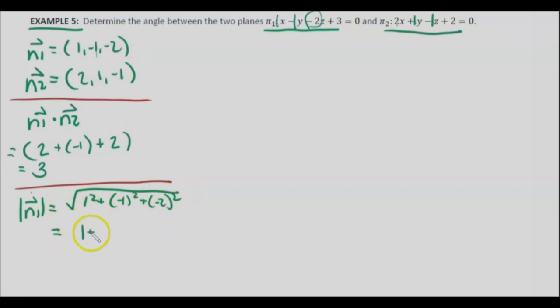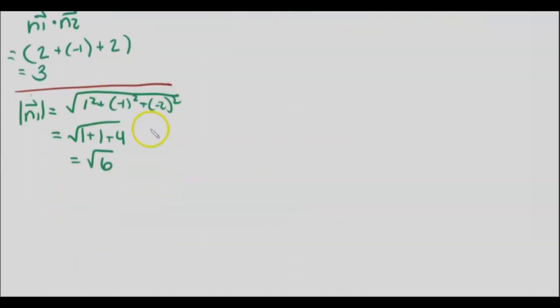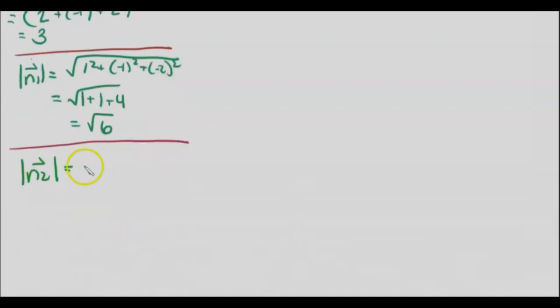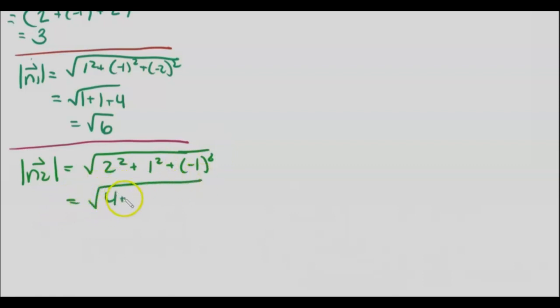Okay, so we get 1 plus 1 plus 4, so we get √6. And then same thing, we're going to find the magnitude of n2. So n2 is 2, 1, -1. So we're going to have 2 squared plus 1 squared plus -1 squared, which is 4 plus 1 plus 1, which is √6.